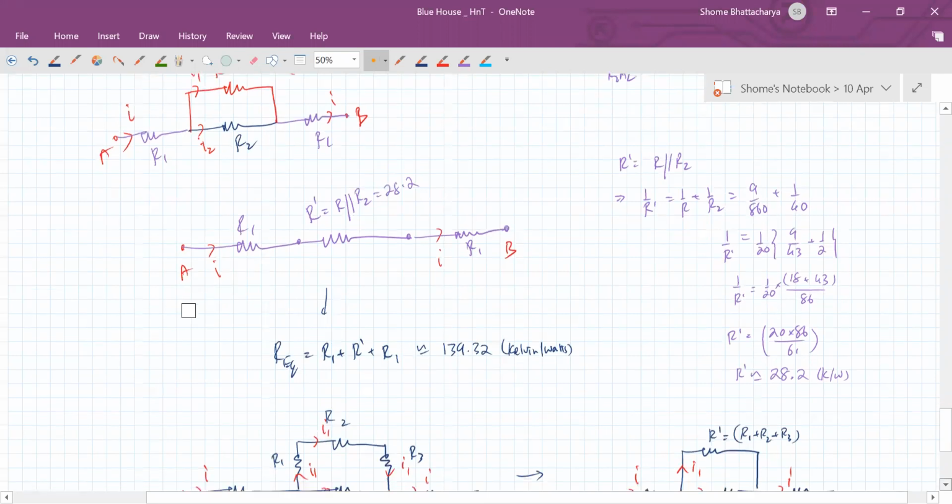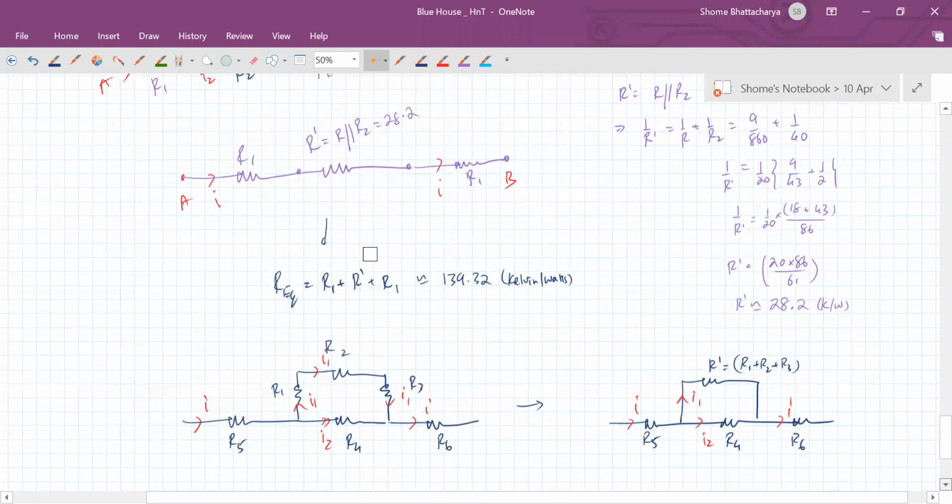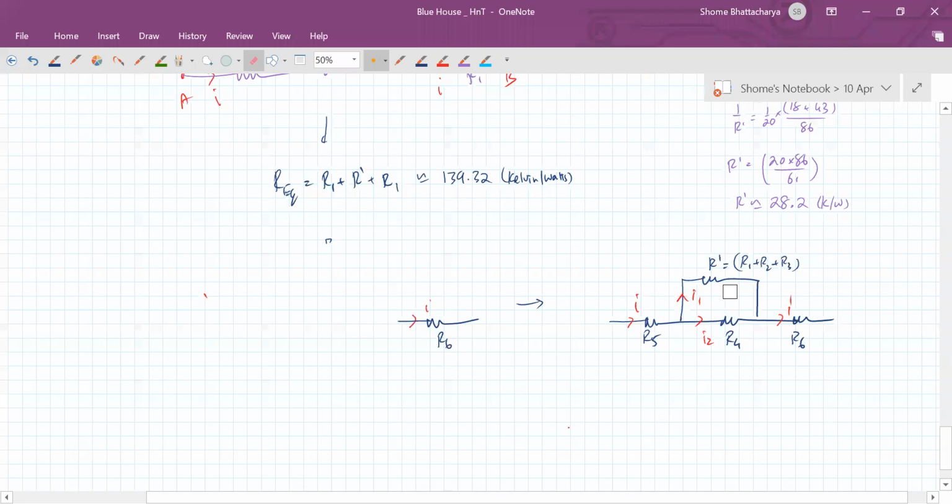And then we are getting the equivalent resistance of the whole combination like this. Okay.